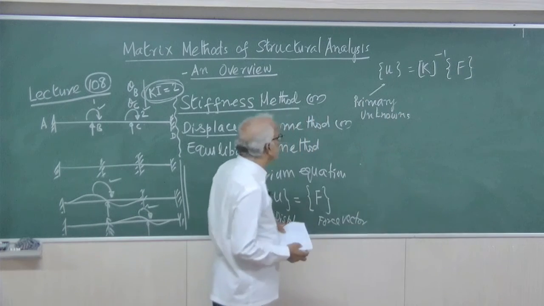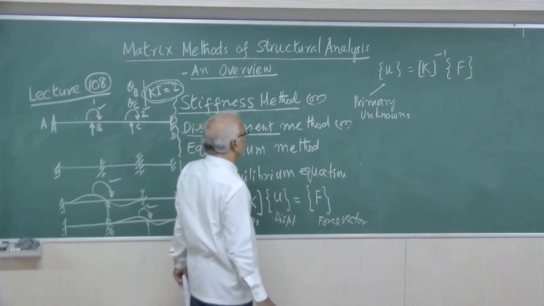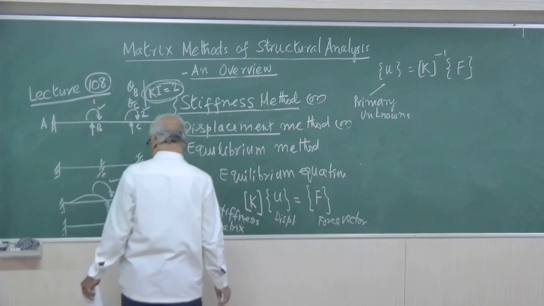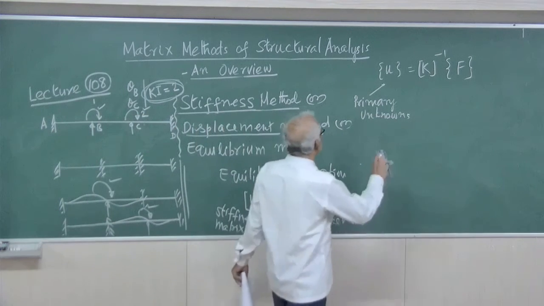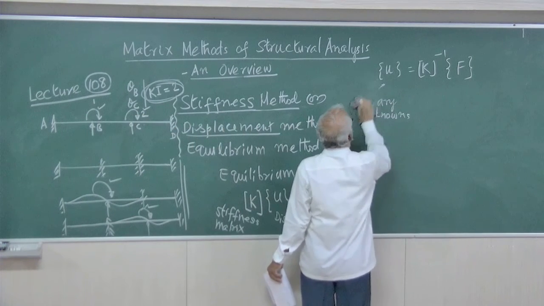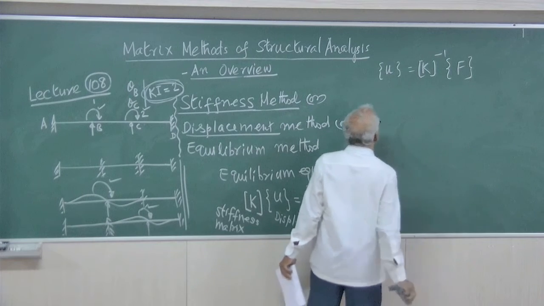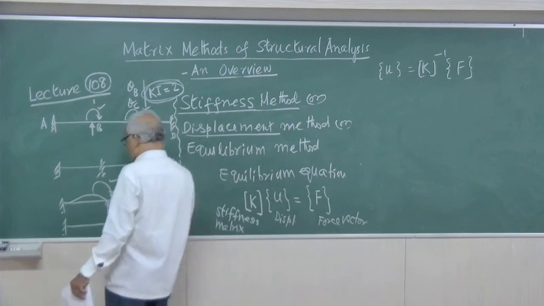K is the stiffness matrix. Again, as I told earlier, the primary unknowns may consist of vertical displacement, axial displacement, rotation, twist, etc.